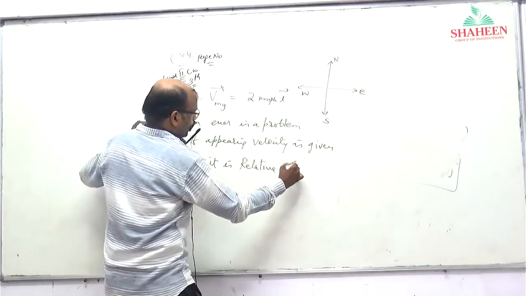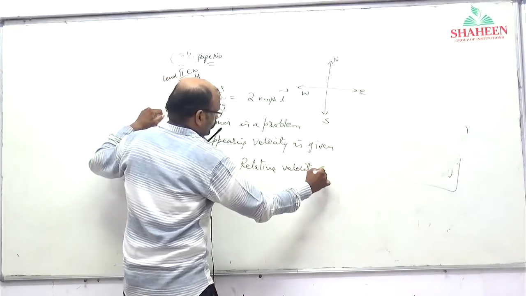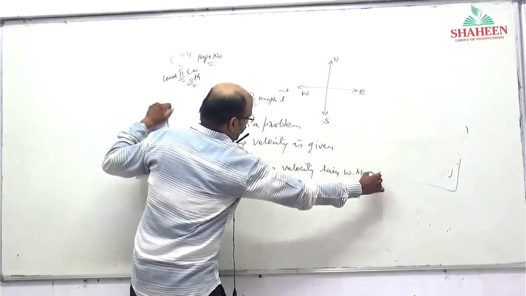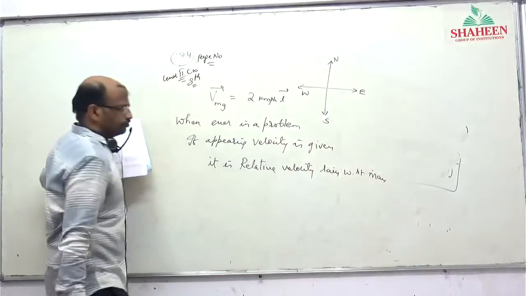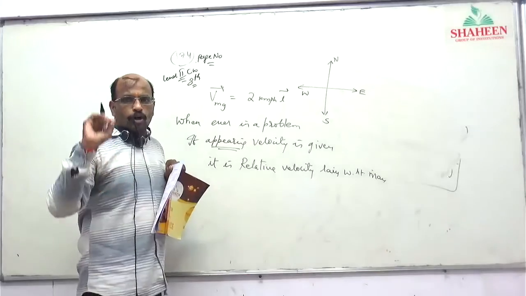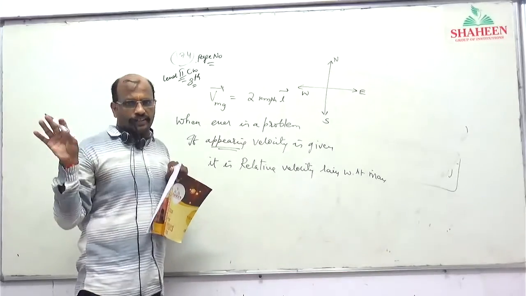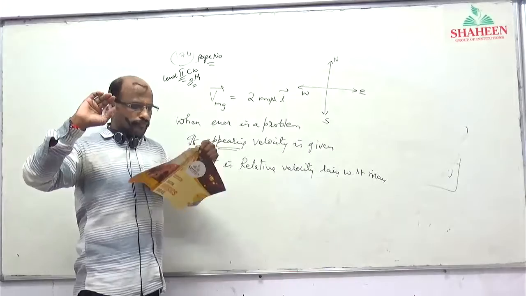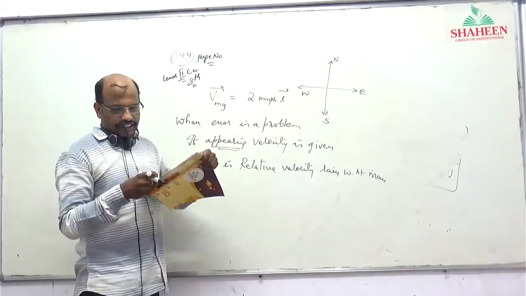Relative velocity of rain with respect to man. Understand this point. कभी भी appearing बोल के दिया है प्रॉब्लम में appearing velocity बोल के दिया है, वो velocity जो है relative velocity of rain with respect to man रहना चाहिए.